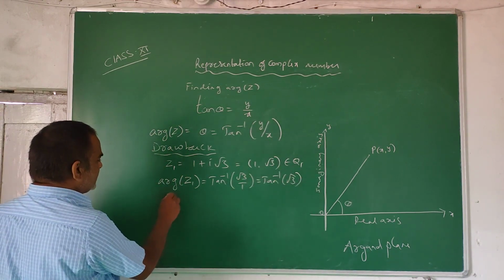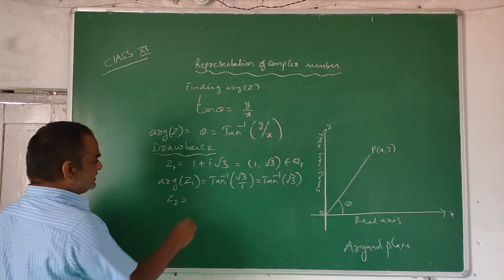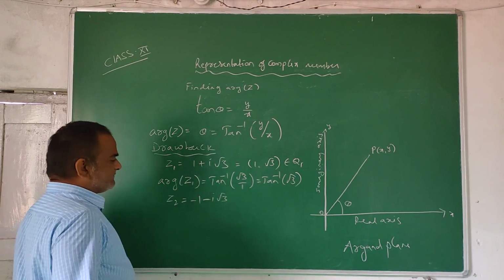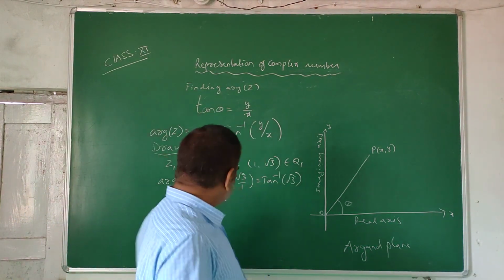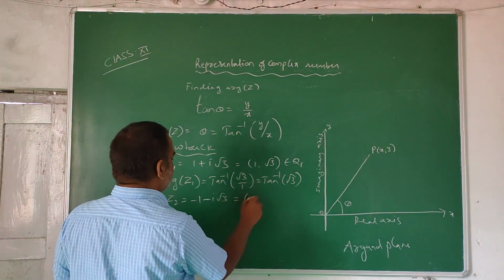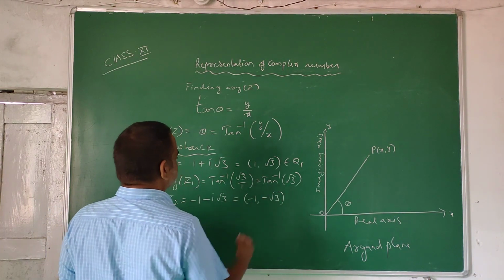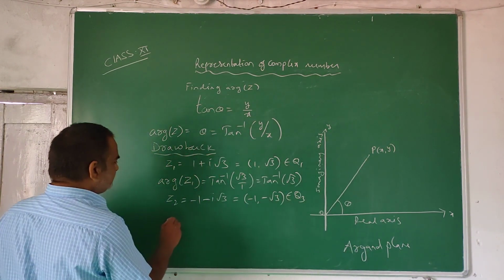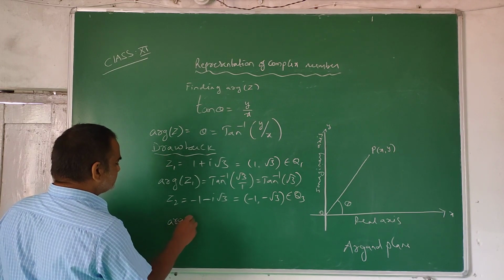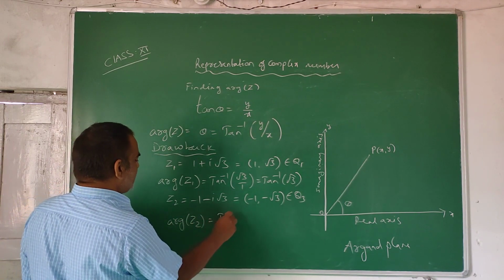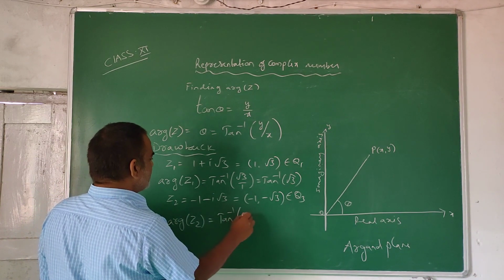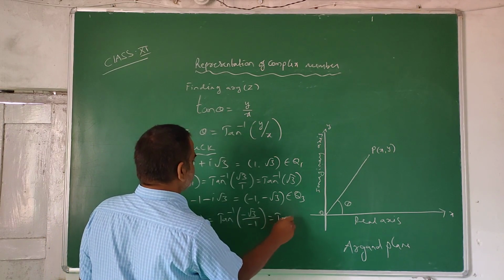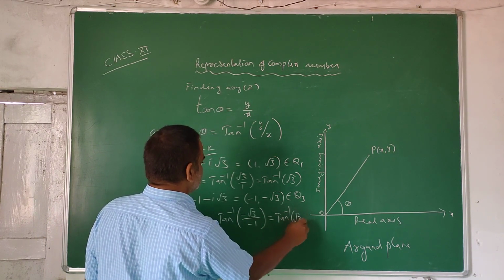Now let us take another complex number z2, say it is minus 1 minus i root 3, which represents the point (minus 1, minus root 3), which is a point in third quadrant. Now let us find out argument for z2. So tan inverse minus root 3 by minus 1, which again gives you tan inverse root 3.